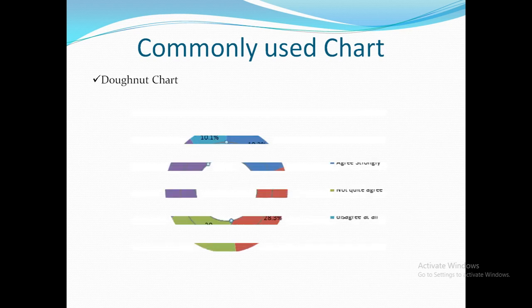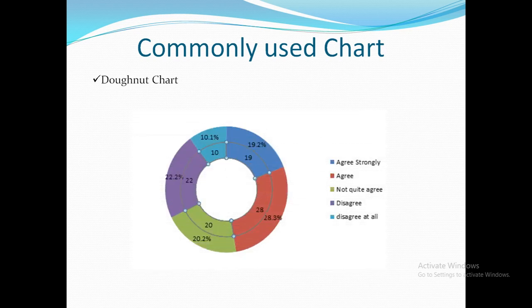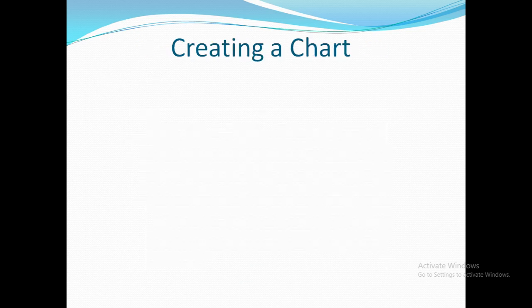Next type of chart is our donut chart. It is a subtype of the pie chart. Like a pie chart, it also displays the relationship of proportionate parts to a whole. It can contain multiple data series. In this, one ring represents one data series.